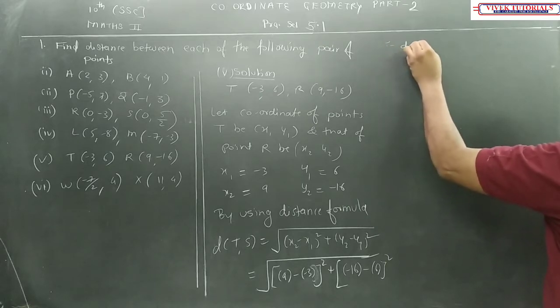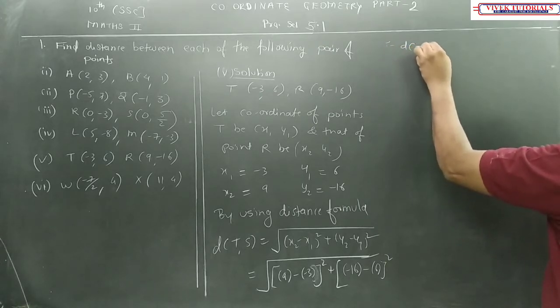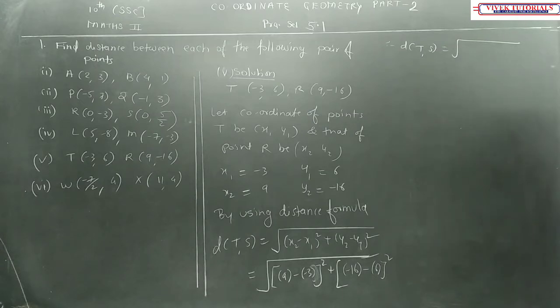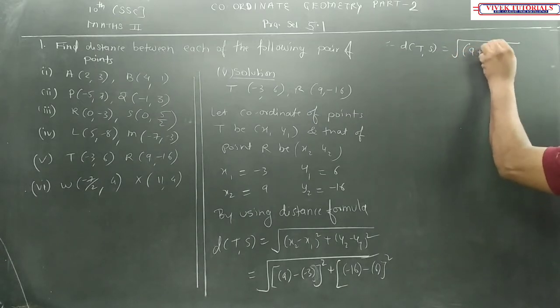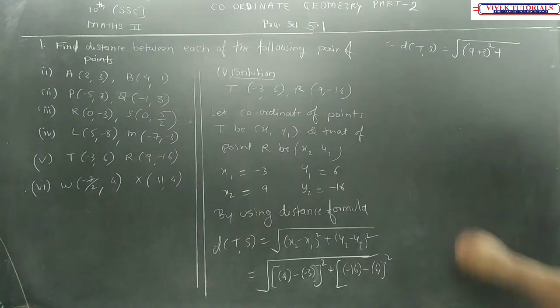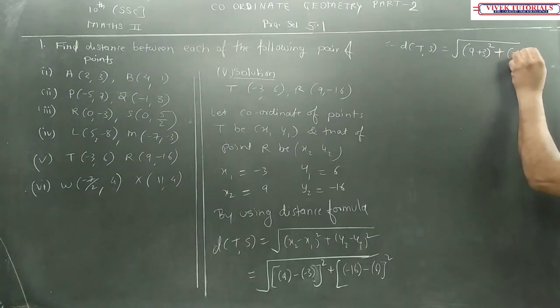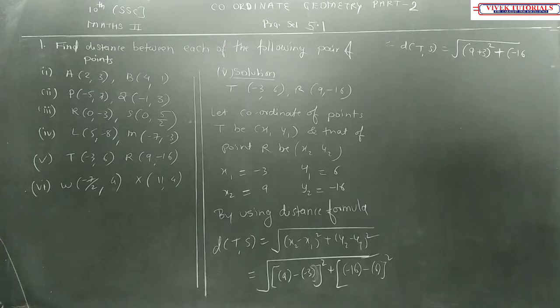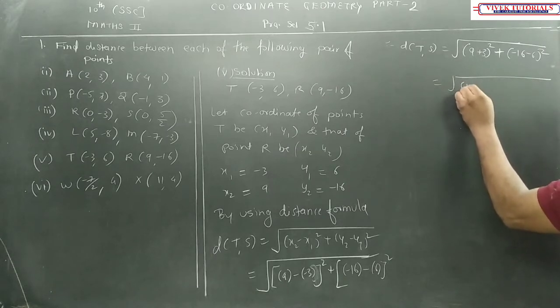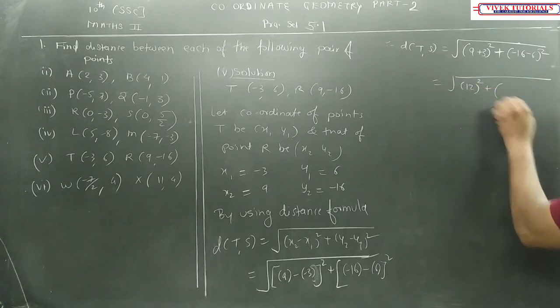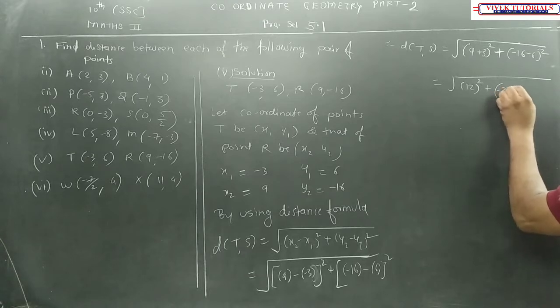Therefore, distance TS is equal to root of 9 plus 3 the whole square plus minus 16 minus 6 the whole square. That is equal to 9 plus 3 is 12 square and this becomes minus 22 the whole square.